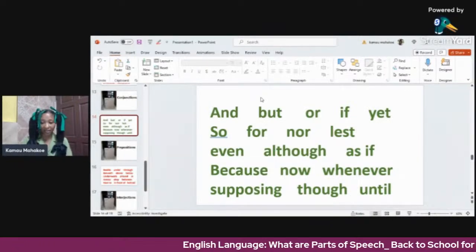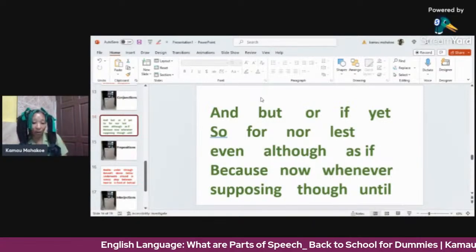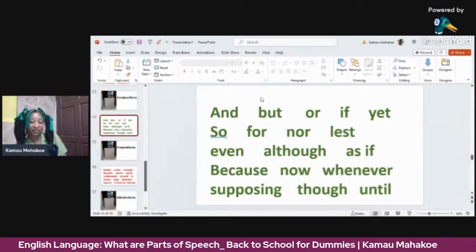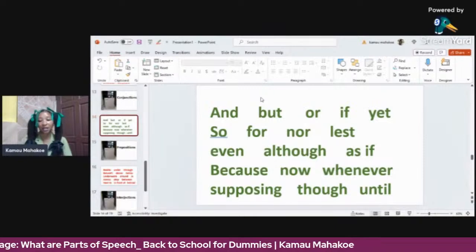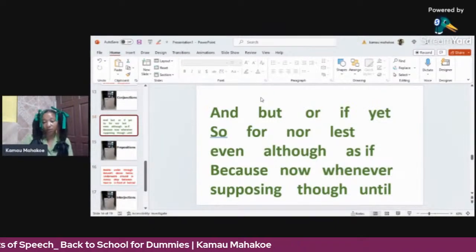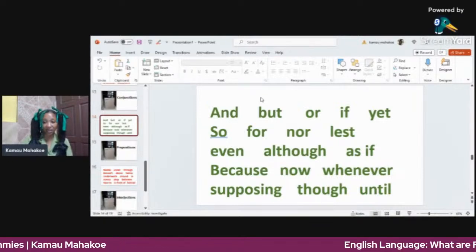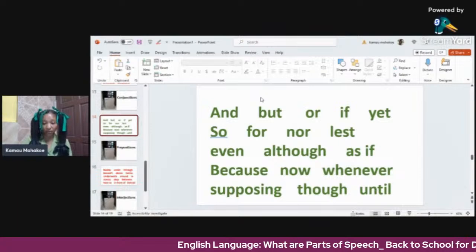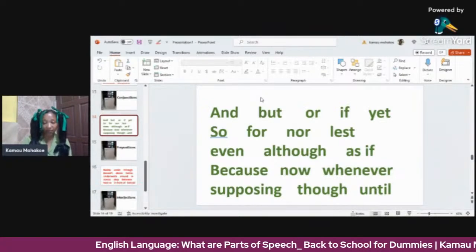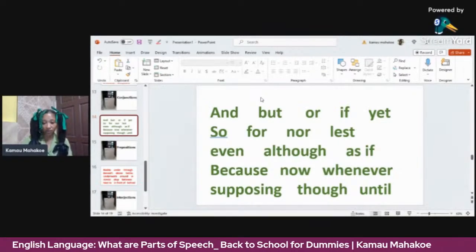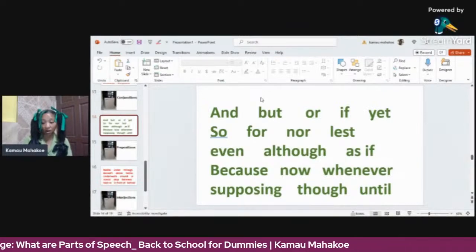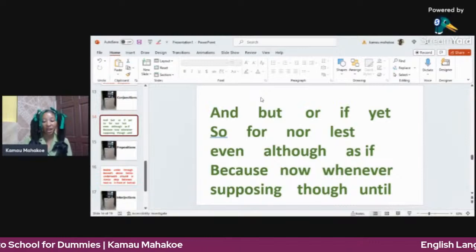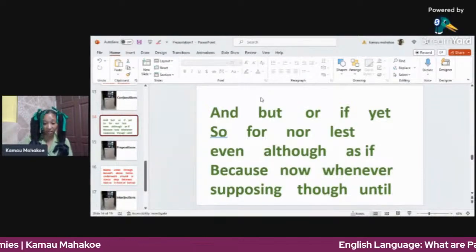So I can say, I want to go to the market. That's one sentence. I want to go to the zoo. That's another sentence. I can join them. I can say, I want to go to the market and I want to go to the zoo. Or I want to go to the market, but I want to go to the zoo, right?